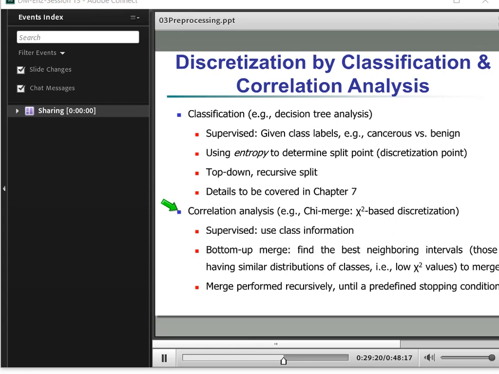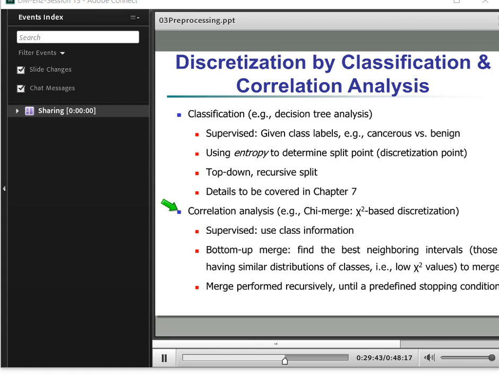One more method for discretization is correlation analysis, for example, something like chi-square.